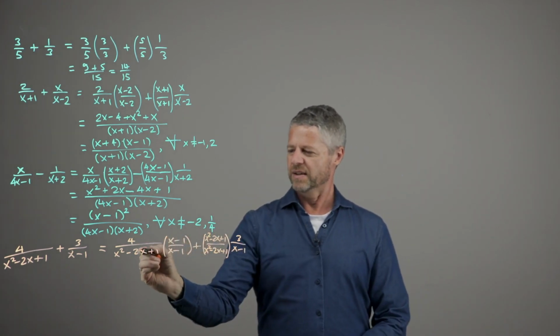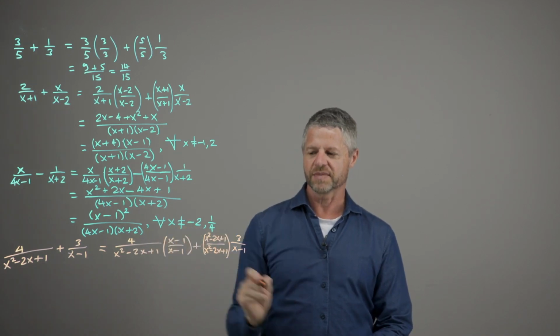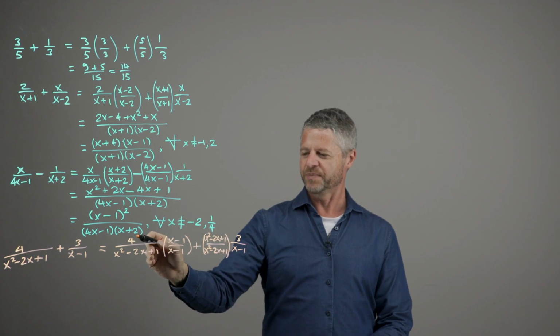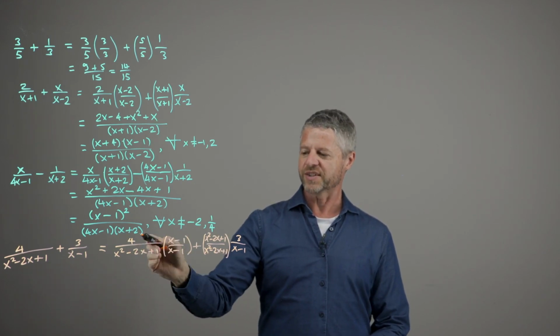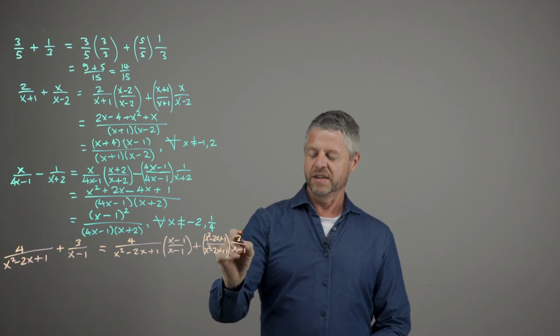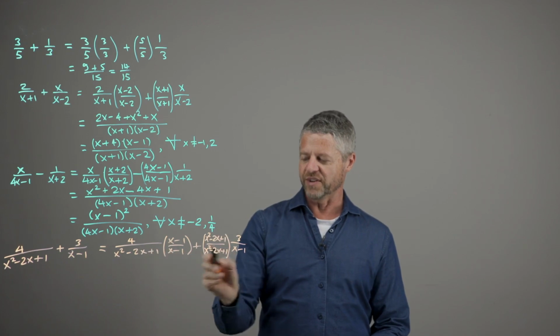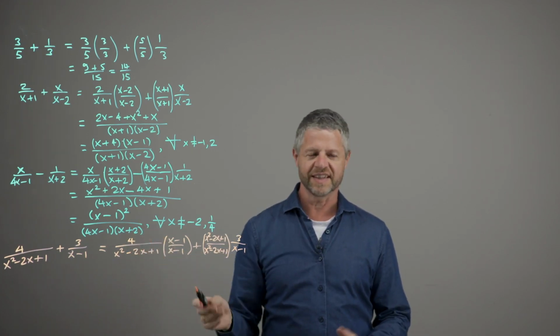Then we'd have to do all those calculations, and we'd end up with, in the numerator, 4x minus 4 plus 3x squared minus 6x plus 3, all divided by, it's a lot.